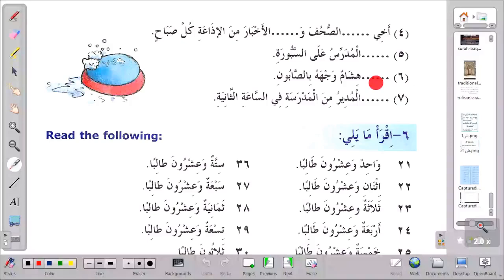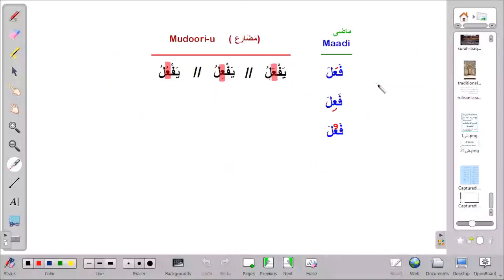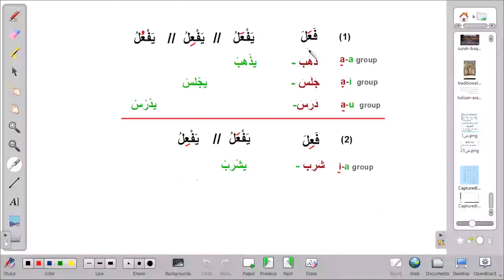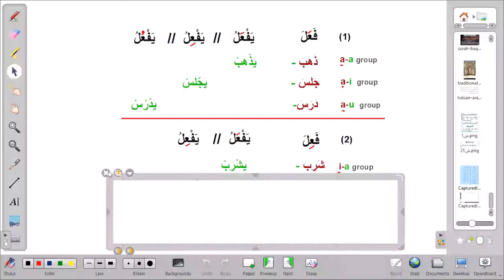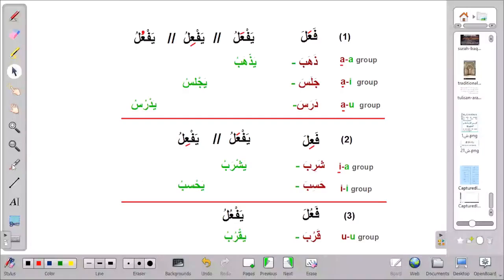The verbs are such that you cannot know the exact vowel. What you can only know is that the verb is ghasala, with fatha, fatha, fatha.